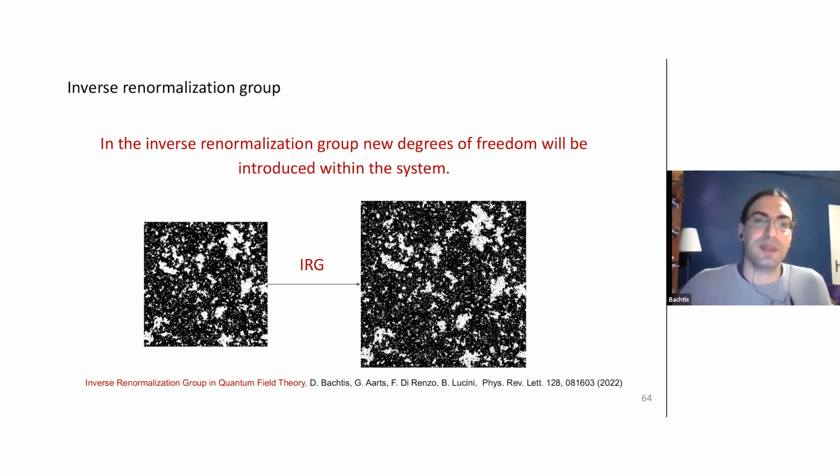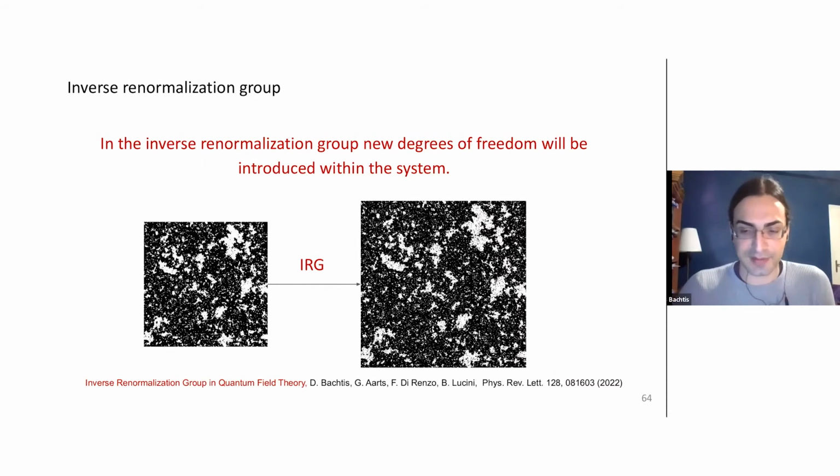So in contrast to the standard renormalization group in which we eliminate degrees of freedom within a system, in the inverse renormalization group, we are going to introduce degrees of freedom within a system. And of course, this is something that complicates things.